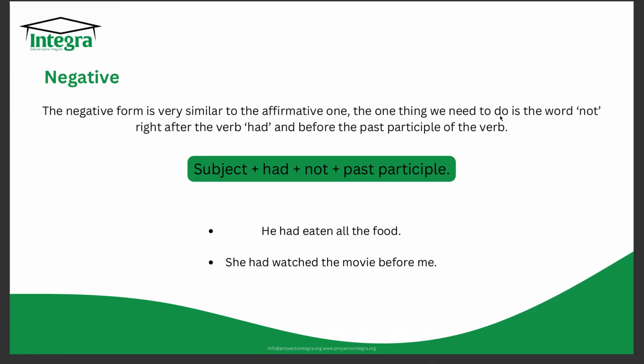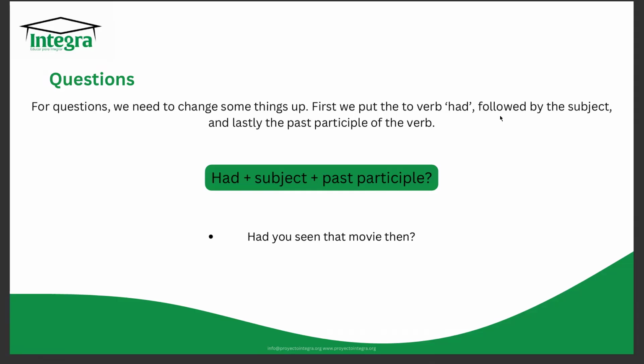So, what happened first? The girl watched the movie. The girl watched it first, and then I watched it. Okay, so she had watched the movie before me. This is what these tenses help us do.